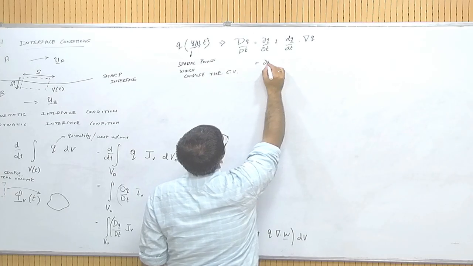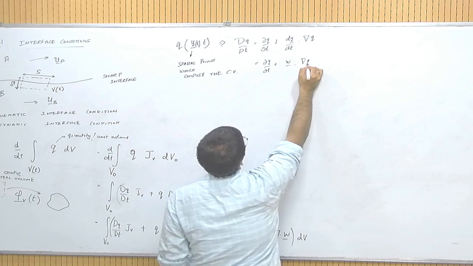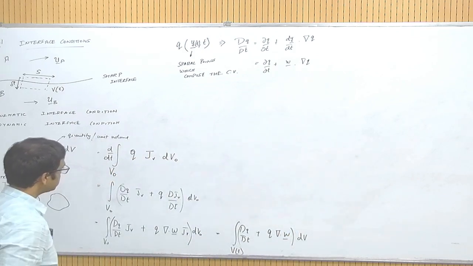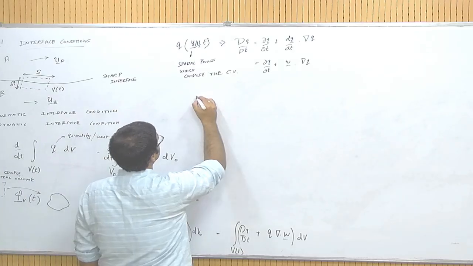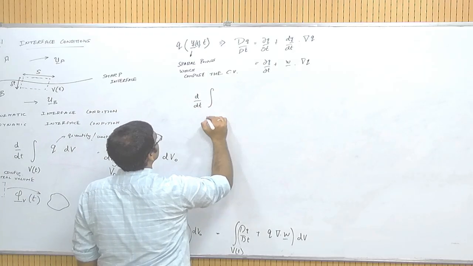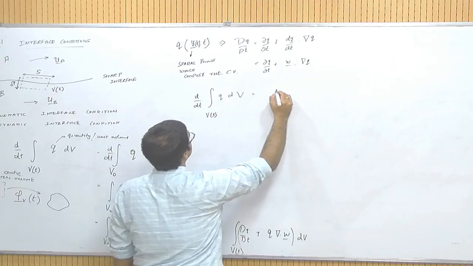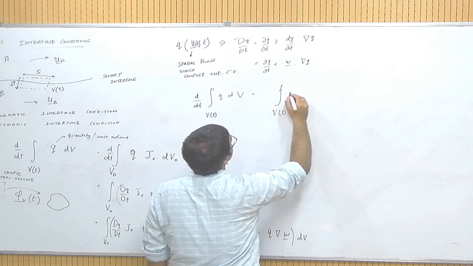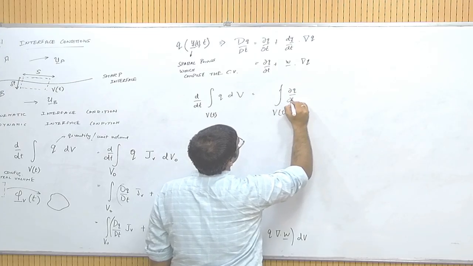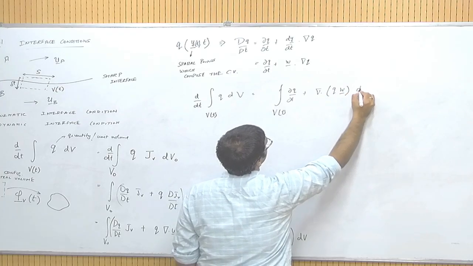So this is del q by del t plus w dot grad q. And so, when we substitute that here, we get d by dt over an arbitrary control volume V of t of q dV to be the integral of del q by del t plus del dot q w.